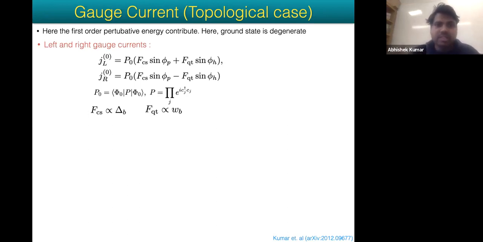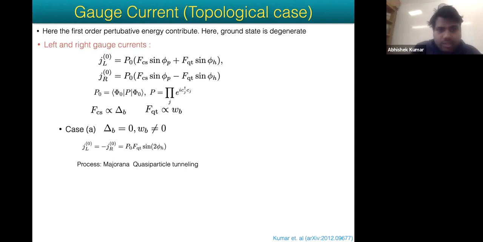So phi naught here is a linear combination of degenerate ground states. Here also, if you keep WB non-zero and delta B zero, then you will get the usual fractional Josephson current. And here the process is Majorana quasi-particle tunneling.